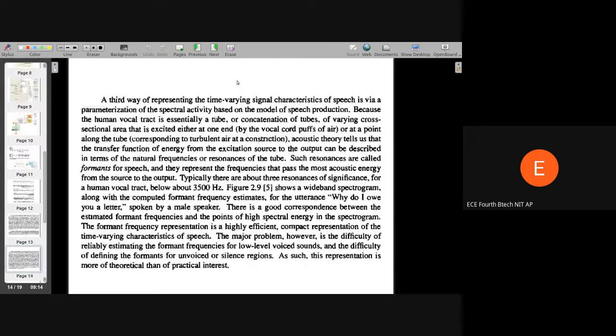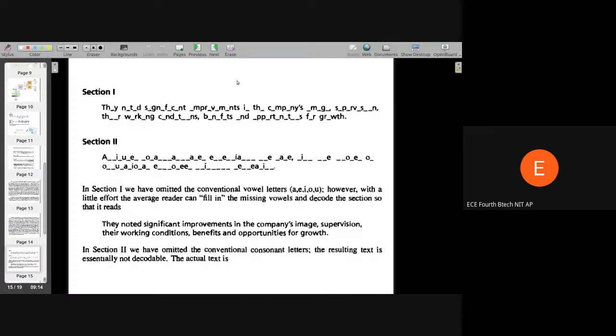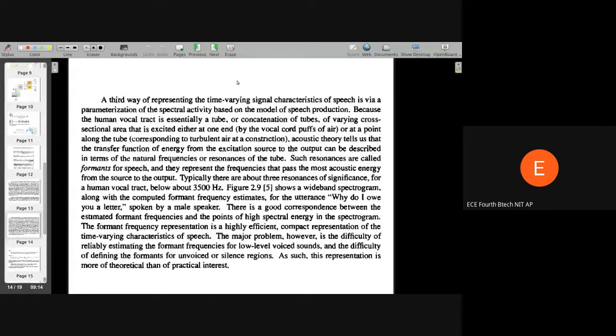We then discussed the classification of different sounds. We saw various videos, for which I have again shared the links, regarding the IPA, the International Phonetic Alphabet, and how we classify sounds in it. What is the basis of classification?